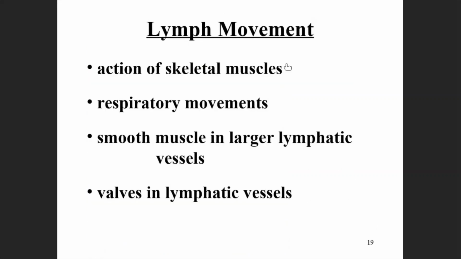We talked about already what causes the lymph to flow: action of skeletal muscle, respiratory movement, also known as the thoracic pump, and then the lymphatic vessels have valves to prevent it from flowing backward.